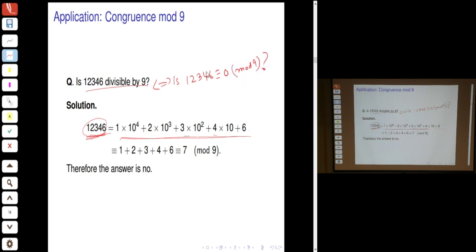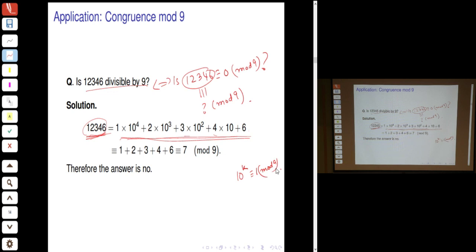So, basically you want to simplify 1, 2, 3, 4, 6 mod 9. How do you do it? You write it in terms of this expansion, and notice that any power of 10 is 1 mod 9.